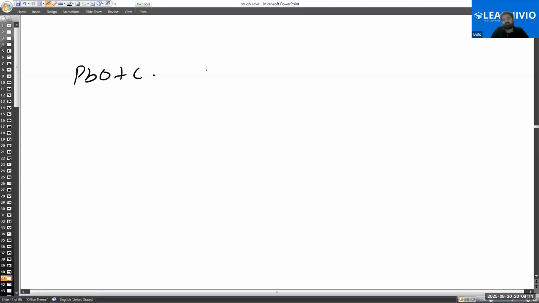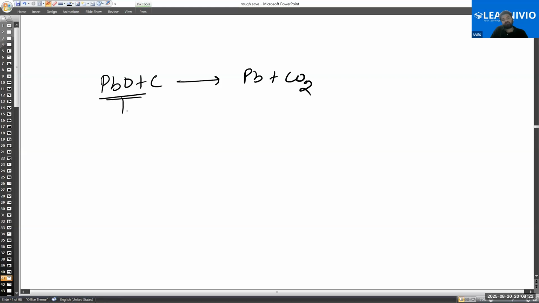PbO when react with carbon, it will give you Pb plus CO2. PbO plus carbon will give you Pb plus CO2. Got it?